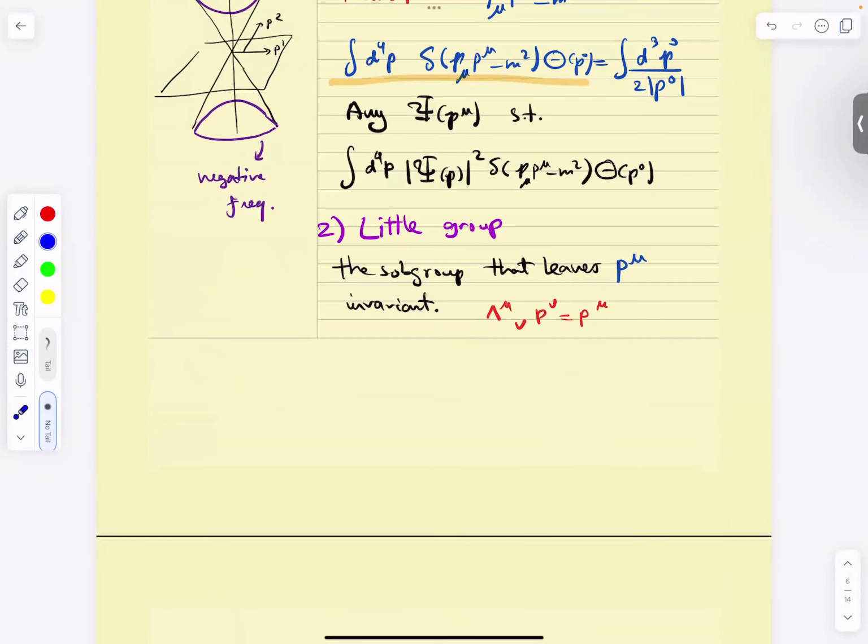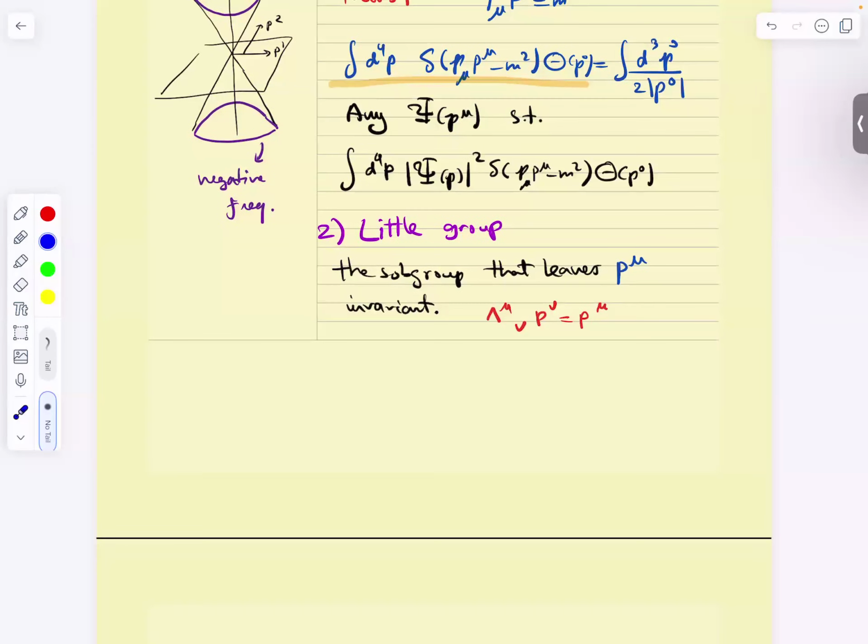The next step is something that goes with the name of the little group. It's something very, very simple. If I have the ket, sorry, not ket p mu, I call it psi p, this is the eigenket.